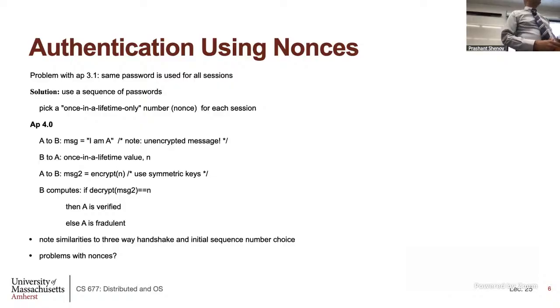Okay, yes, question. The question is about the first message, the username saying I'm Alice, which we could just send unencrypted. What happens if that message is captured? If some intruder captures that message, they'll know the username for Alice.